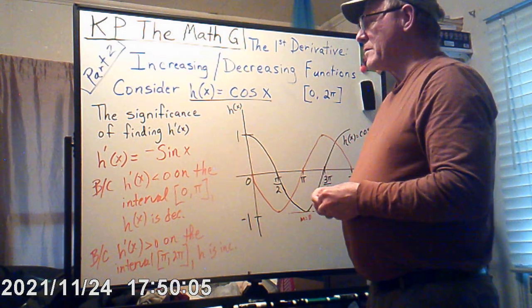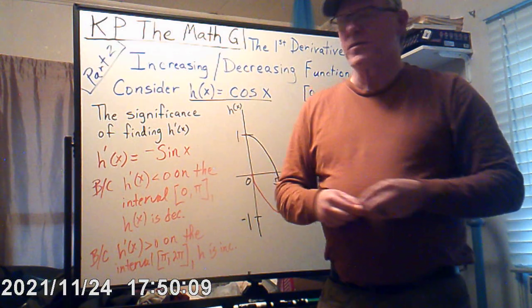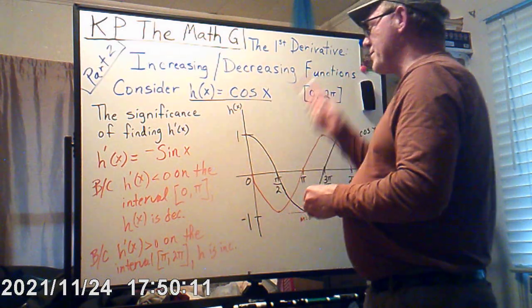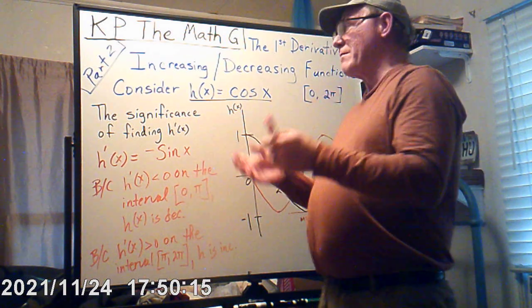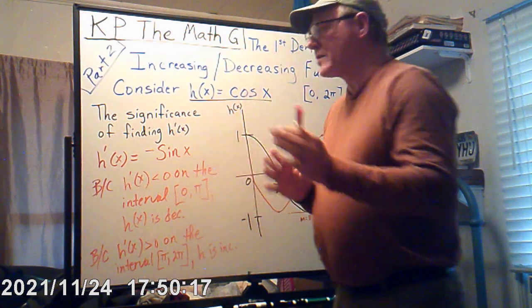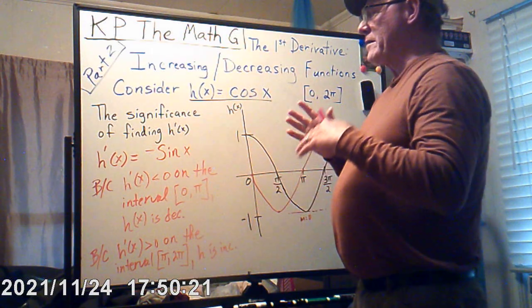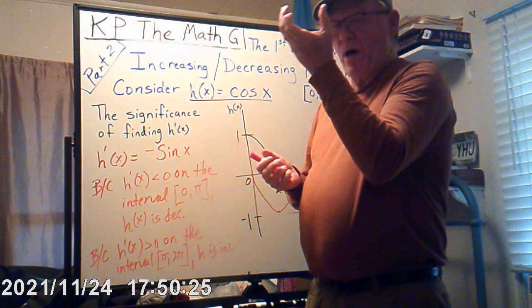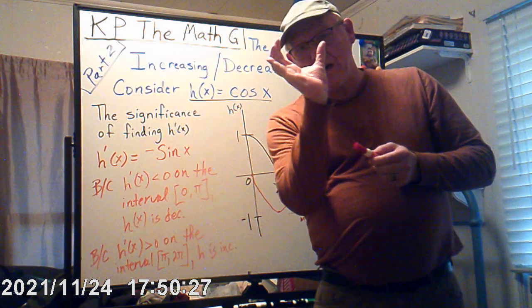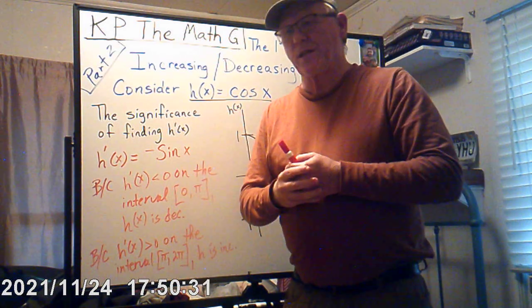So the next time we do this, there's probably going to be one of two things. Maybe we could look at the first derivative with respect to velocity and so on, but I most likely want to look at the second derivative, where we start talking about concavity: concave up, concave down, point of inflection, and so on.